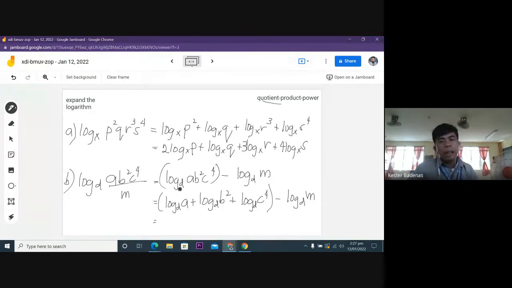And then apply the power rule. So we have here logarithm of a with the base b plus 2 logarithm of b with the base b plus 4 logarithm of c with the base b minus logarithm of m with the base b. Ayan. So unang apply si quotient, and then we have the product, and then ibaba yung exponent, yun na yung power rule.